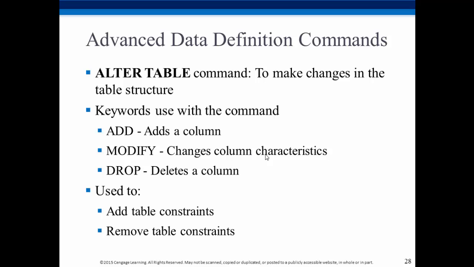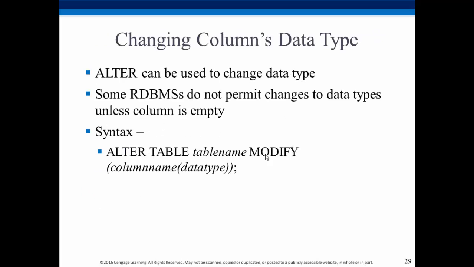Alright, advanced data definition commands. ALTER TABLE is to make changes in the table structure. Keywords used with the command are ADD, which adds a column, MODIFY, which changes column characteristics, and DROP, which would delete a column. It's also used to add table constraints and remove table constraints. ALTER can be used to change the data type.